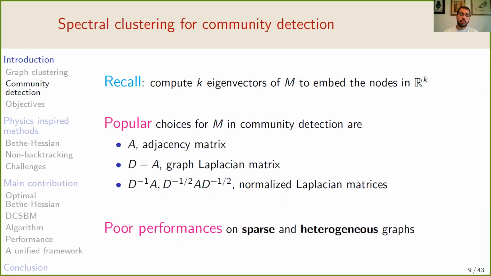Whereas heterogeneous means that each node may interact with a very different number of neighboring nodes. So we may have few nodes that interact with a lot of nodes and others that interact with very few nodes. These two aspects are observed in real graphs and are problematic for the popular choices of M in spectral clustering.